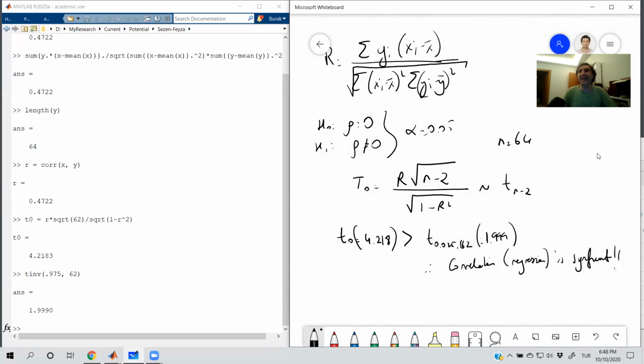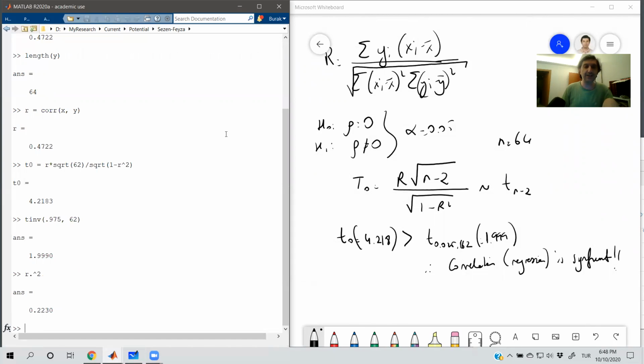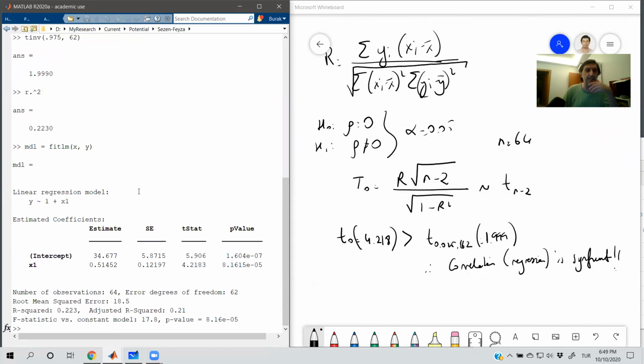On the other hand, the R-square value shows that the relation is not that pronounced, I may say. But that's another issue, as I've talked about previously about the R-square value. Before forgetting, let me mention something interesting. If you take the square of R, this value is 0.232230. If we go back to the linear regression result, the R-square value is exactly equal to that one.